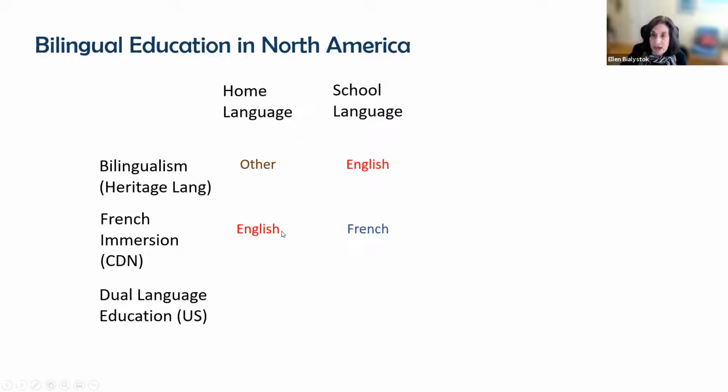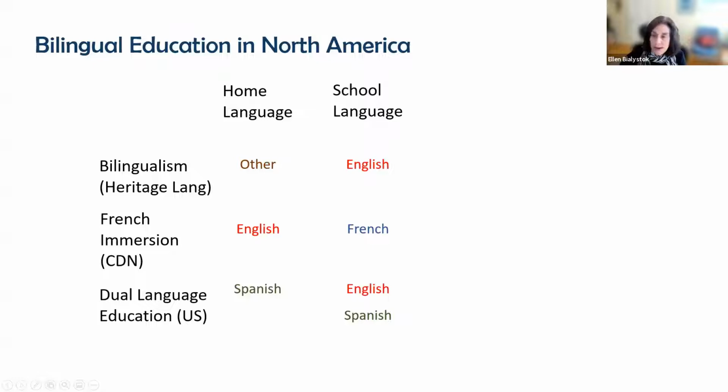The community language is English, but when they go to school, they only hear French. And then in the United States, there's a great variety of programs, but I'll just say dual language education as a kind of catch-all. Typically, these kids speak Spanish at home, and they go to school, and there's English and or Spanish at school. Some combination, sometimes there's a transition.